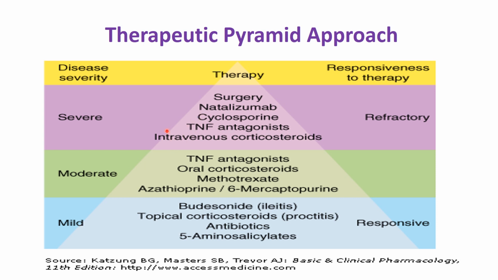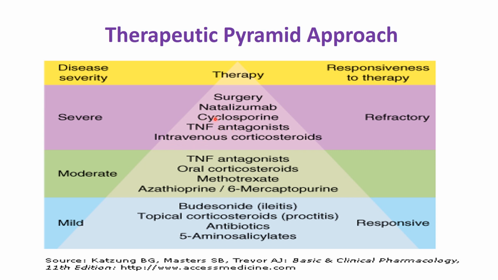When the disease is severe, again we will use the last group of drugs: natalizumab, cyclosporine, again TNF alpha antagonist, intravenous corticosteroids. In the first group we are using topical corticosteroids, mainly by enema or suppository. When it is moderate, we go for oral corticosteroids. When it is severe, we have to use intravenous corticosteroids.